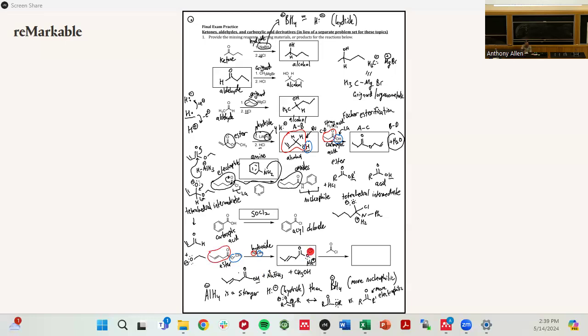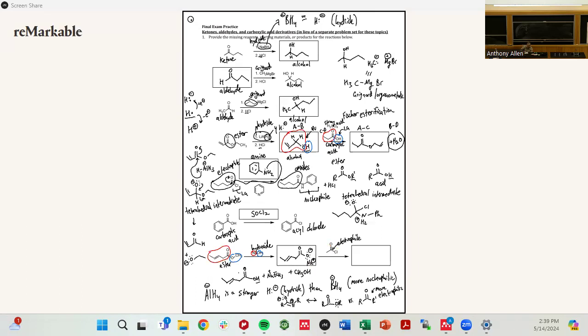Okay, if you take this species and an acyl chloride, are they great electrophiles or nucleophiles? This carbonyl is an excellent electrophile.